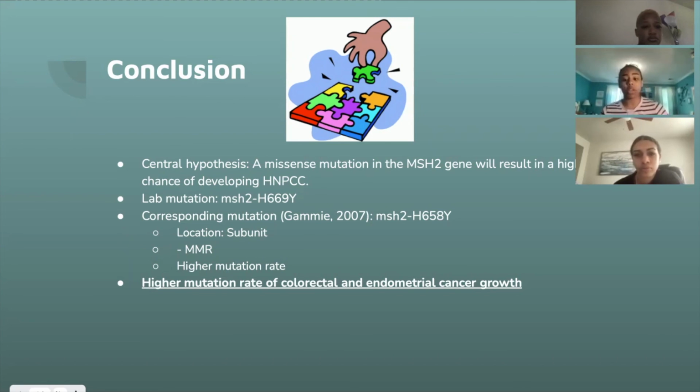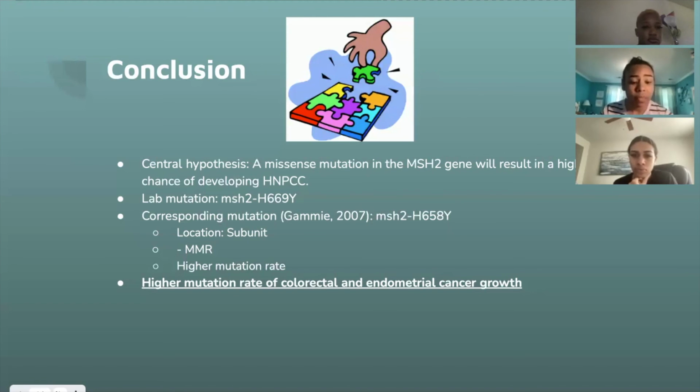The central conclusion of the paper was that when the mismatch repair mechanism is inactive, the MSH2 gene has a missense mutation, but it never gets repaired because the mismatch repair mechanism is inactive. Because it never gets repaired, it results in a higher mutation rate. And this higher mutation rate is very common in a higher development of cancer.